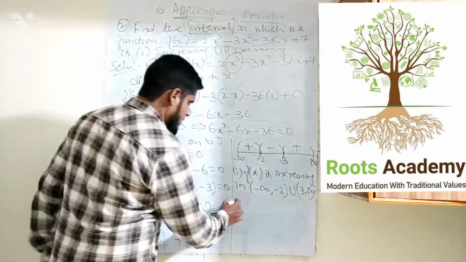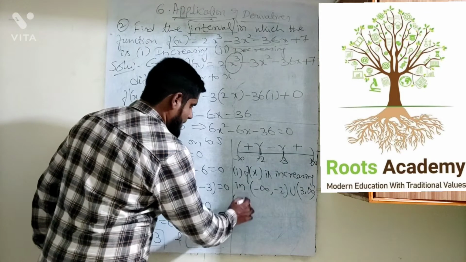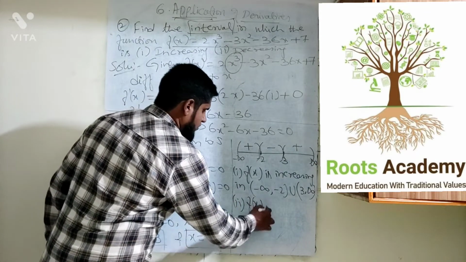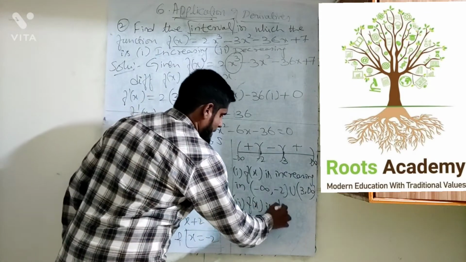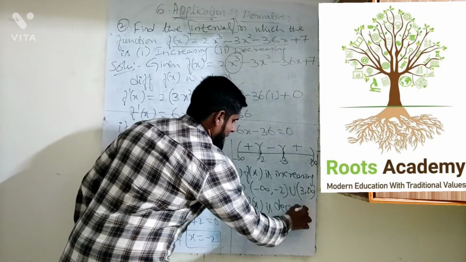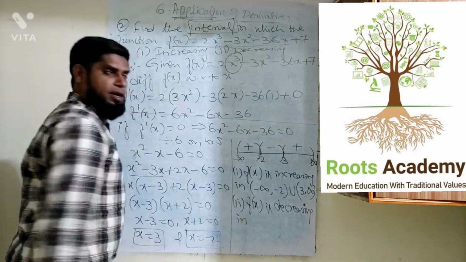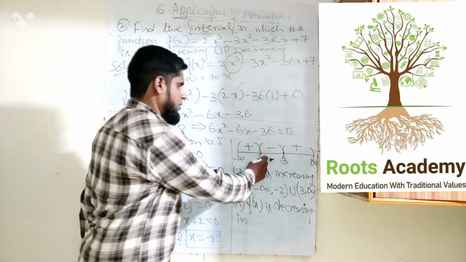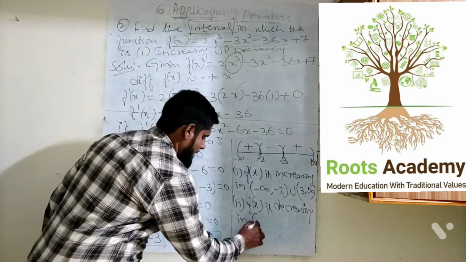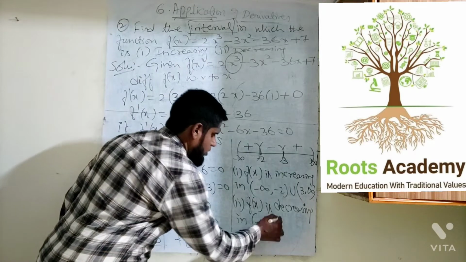And the second one, f of x is decreasing in the interval minus 2 comma 3.